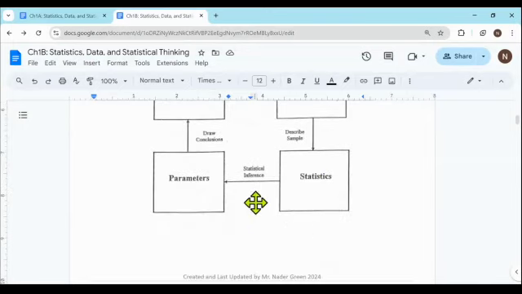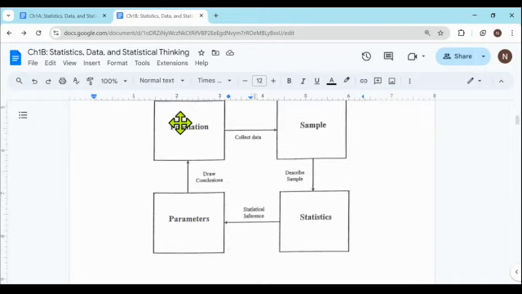After you get the result, you refer it to the parameter, and the parameter refers to the population. You draw a conclusion from that. So you collect the data first, which is the sample, then describe the sample, then do the statistical calculation, and then draw conclusions. Is this clear? If you understand, raise your hand. Okay, good. If you do not understand, raise your hand.